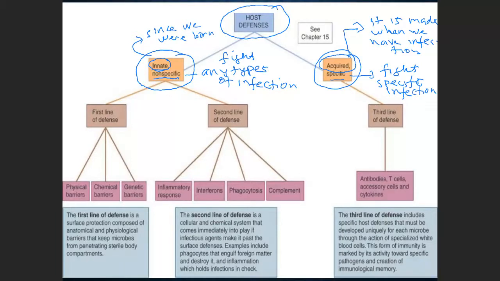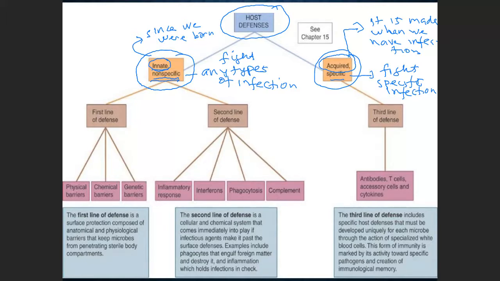For the specific ones, we only make this type of defense mechanism whenever we have the infection. For example, if we have a chickenpox infection, then we will make the defense mechanism that will fight only against chickenpox infection.